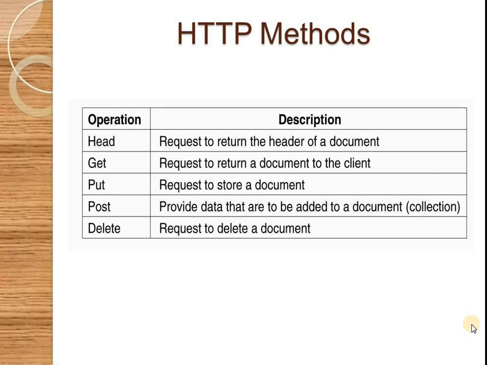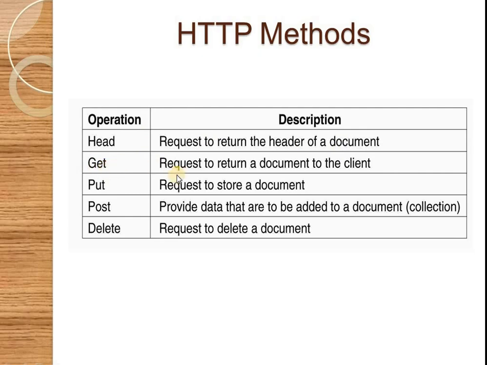The head operation is submitted to the server when a client does not want the actual document but rather only its associated metadata. For example, using the head operation will return the time the referred document was modified. The most important operation is GET.